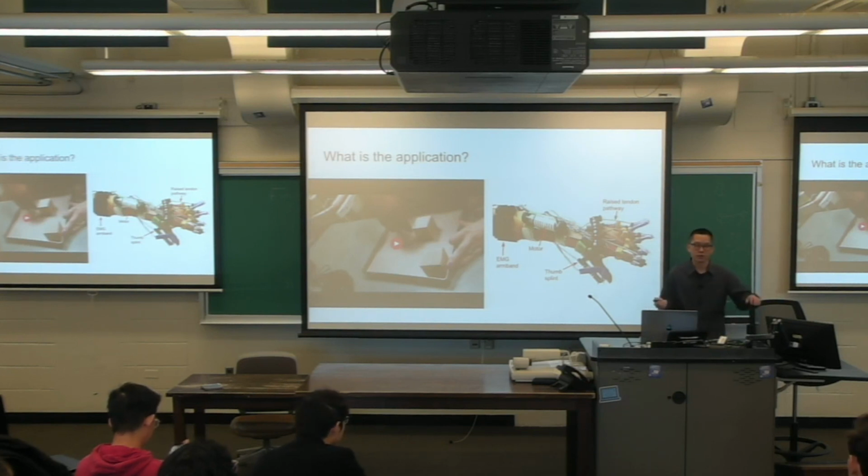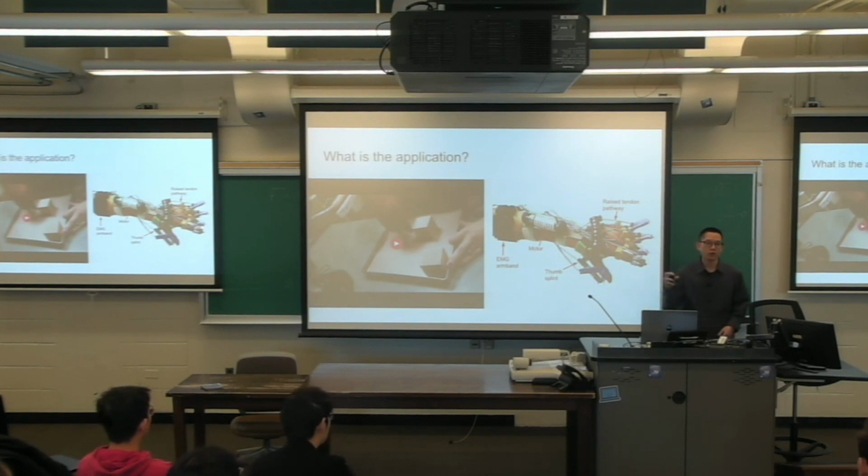Our device also has a motor, and the motor is attached to some strings or tendons. If the motor moves, it can pull the strings and help the stroke subjects open their hand. And if the motor releases the string, the subjects can use their own strength to close their hands.